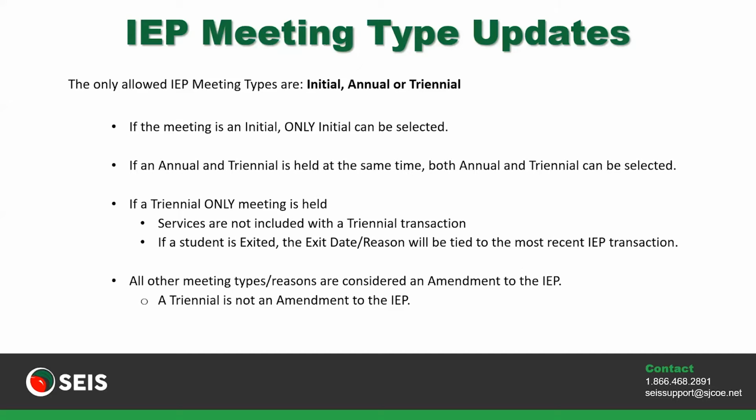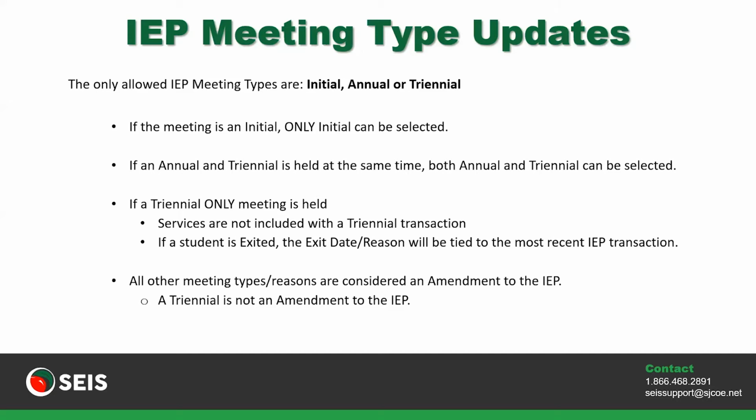But if for some reason you are just holding a tri-only meeting and it is determined that the student is going to exit after that, when the student is exited, we will tie that exit date and reason back to that last annual transaction for the student, because exit dates cannot be tied to the triannual.